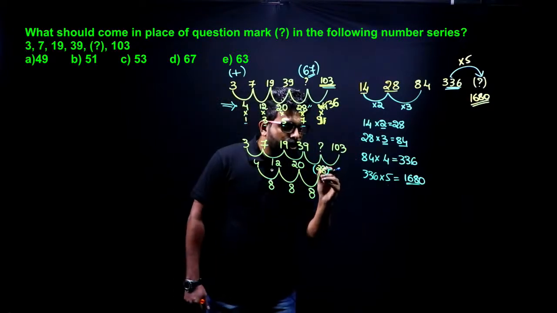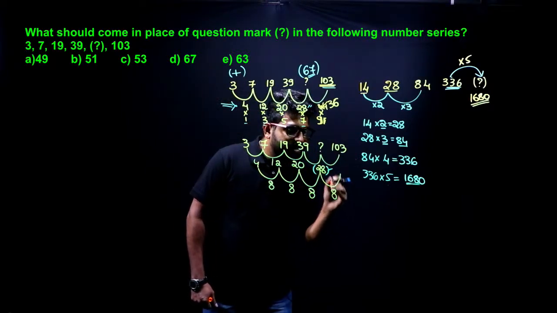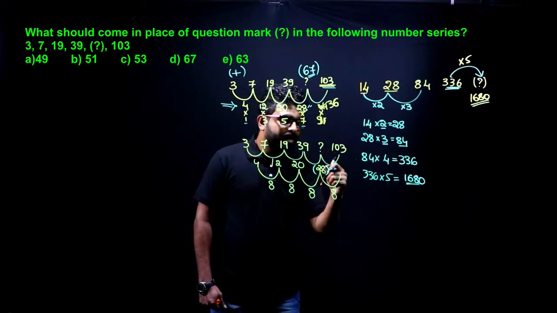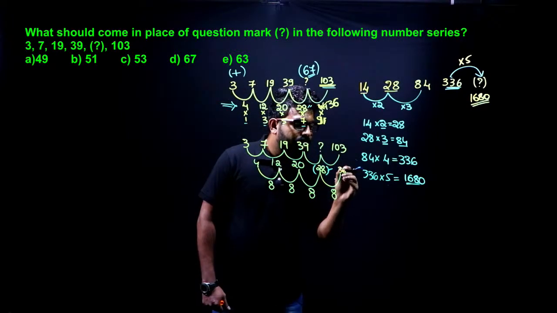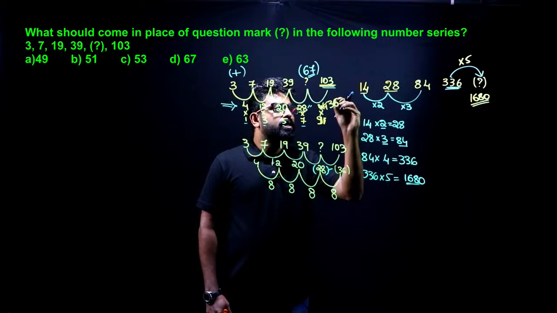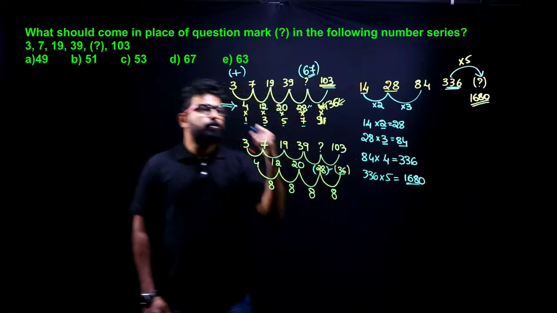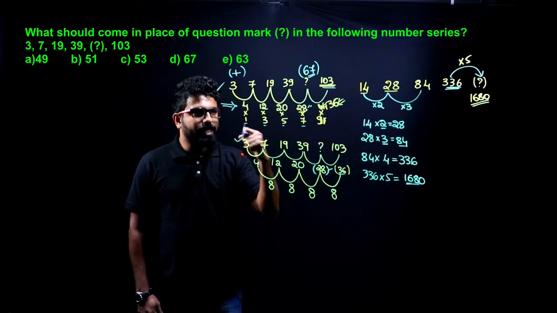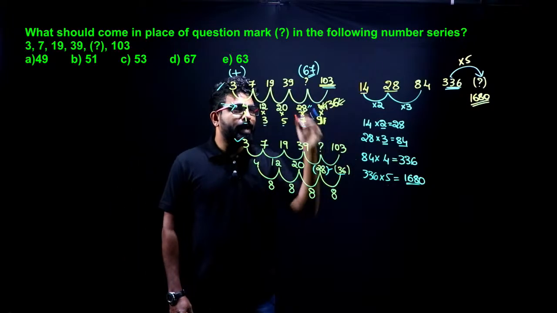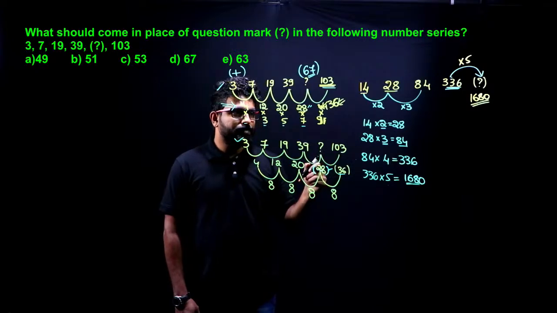Next, again, I should be getting my difference as 8. 28 plus 8 gives me 36. Isn't that the same which I'm getting here? So, you can do this problem either in this method or in this method. You'll be getting the same answer. Am I clear, people?